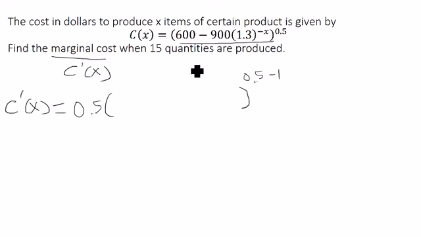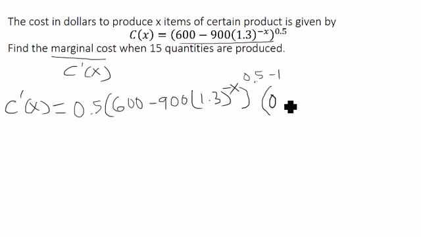Now inside we're just going to copy whatever is already there, so it's going to be 600 minus 900 times 1.3 to the negative x, so that's not going to change. Now we're going to do the derivative of the inner function. The derivative of the inner function is the derivative of 600, which is 0, minus the derivative of 900 times 1.3 to the negative x. 900 being a coefficient will stay back, so we're just going to write that.